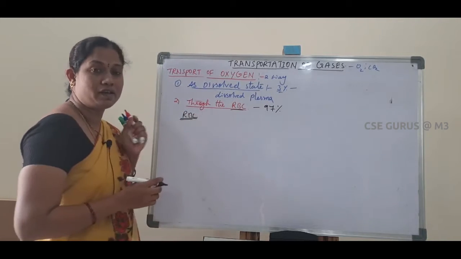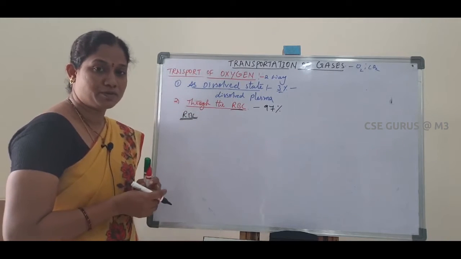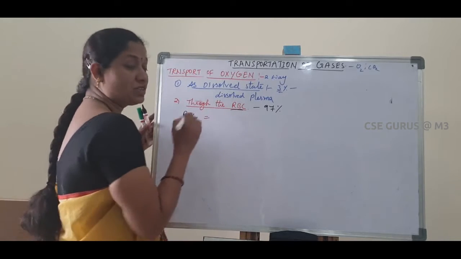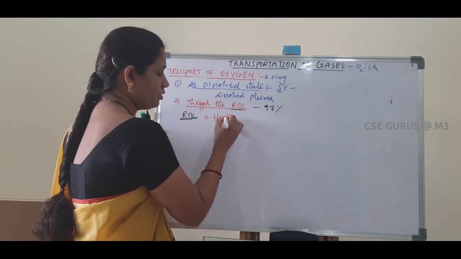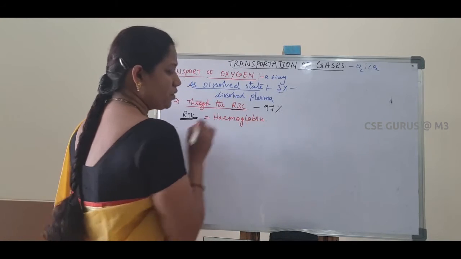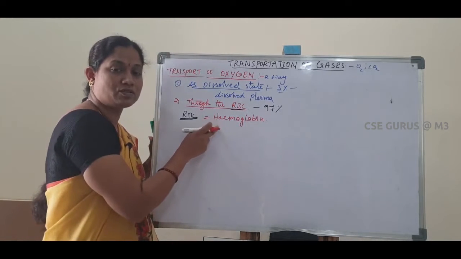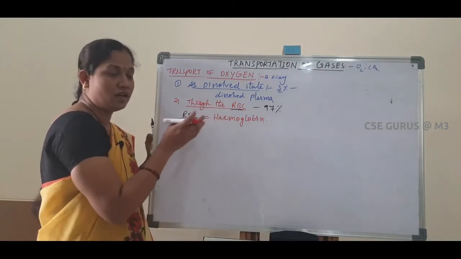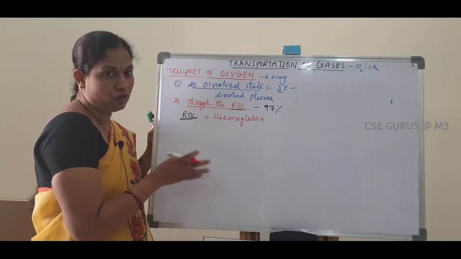So RBC plays an important role in the transportation of oxygen. What is present in the RBC? Hemoglobin. A respiratory pigment is present. Hemoglobin is also called a respiratory pigment, which helps in the transportation of oxygen.